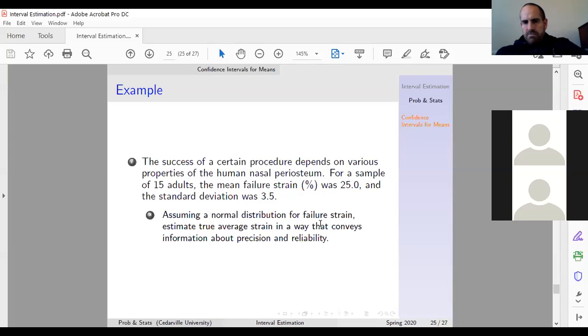Okay, I just wanted to annotate on here. So suppose I wanted like 95% confidence. I wanted a 95% confidence interval.